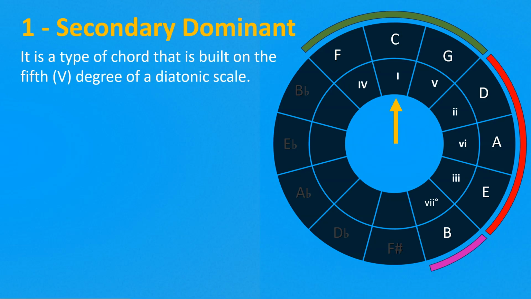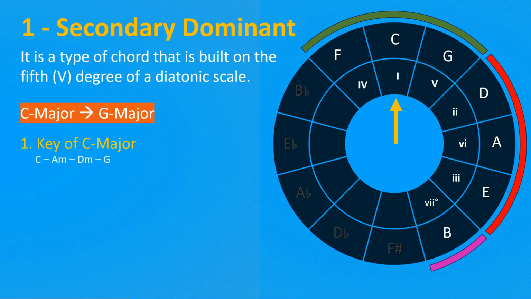Let's see an example. We want to modulate from C major to G major. Let's take the progression in C major with the 1, 6, 2, 5 pattern: C, A minor, D minor, G. This sets a stable and familiar foundation. Then the D chord is introduced.